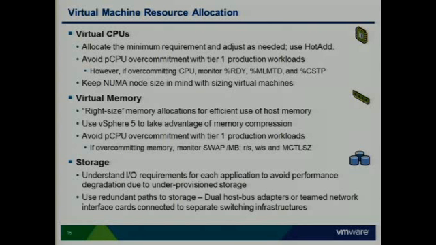Now, storage, just a couple of bullets here, but we'll talk about this more. Understand I/O requirements for each application so that you can avoid performance degradation due to under-provisioned storage. You also want to use redundant paths to your storage array, dual HBAs or teamed NICs connected to separate switching infrastructures to get the best fault tolerance.